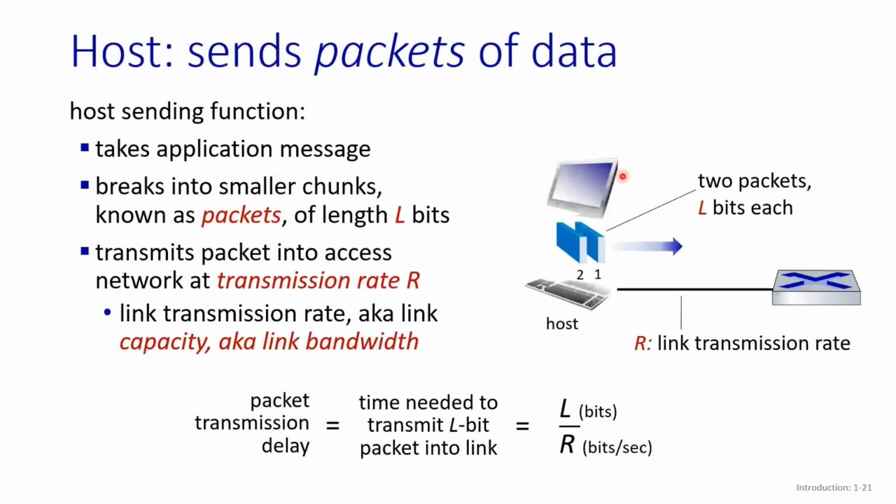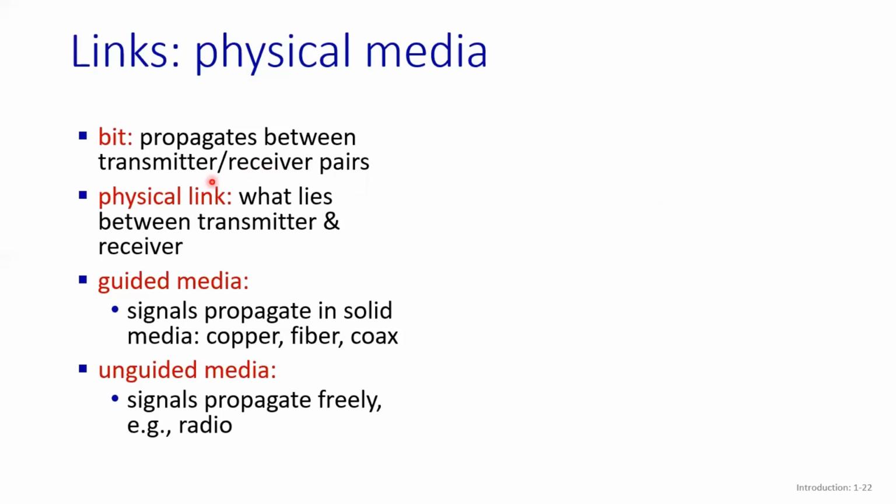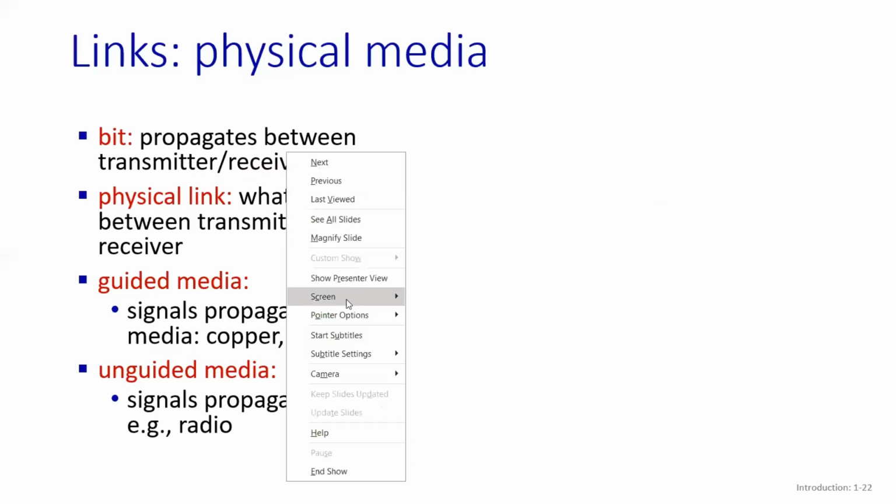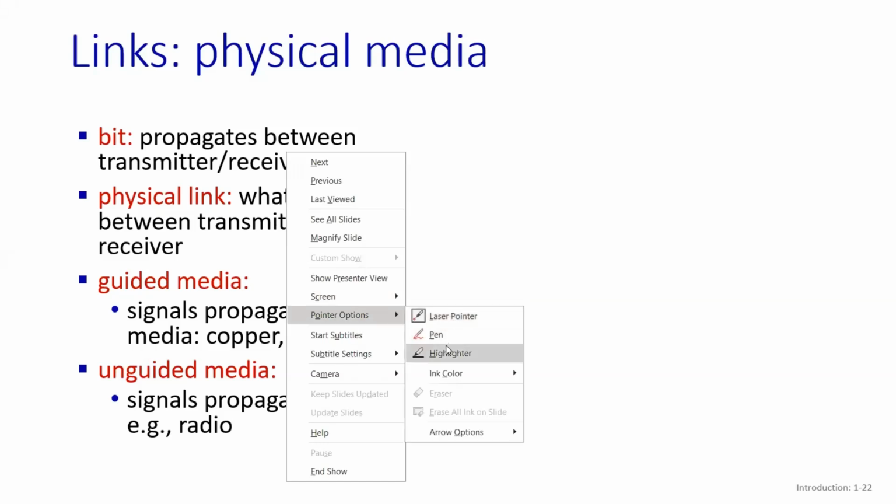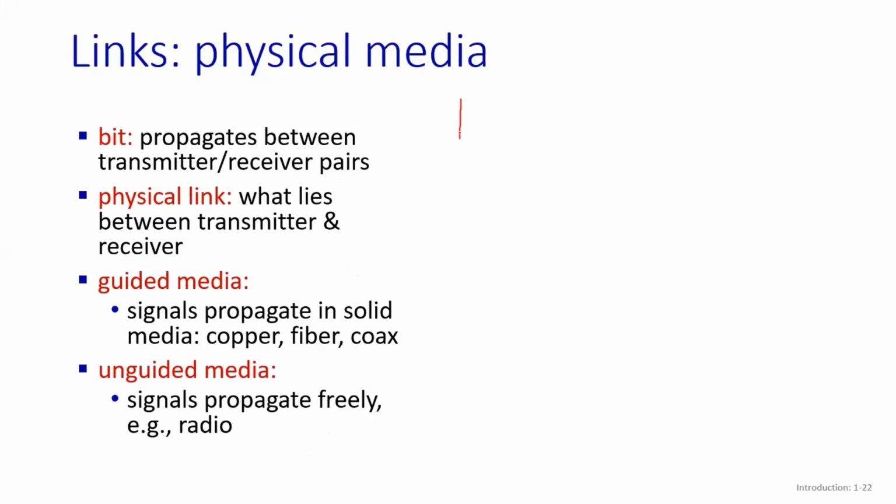Let's suppose this is the host. This host sends the data, so this data would be transmitted in the form of bits to the other end device in the network. Those bits would propagate between the transmitter-receiver pair. Let me explain this. Suppose we have this host A, which can be an end device, and here we have a network of different routers in between.